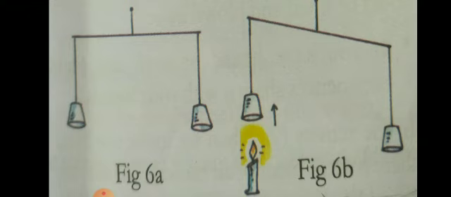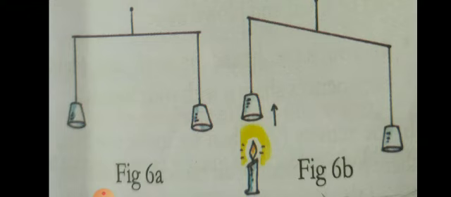Also, it is important to remember that on heating the air expands and occupies more space. When something occupies more space, it becomes less dense. The warm air is therefore less dense than the cold air. Thus, smoke and hot air go up.